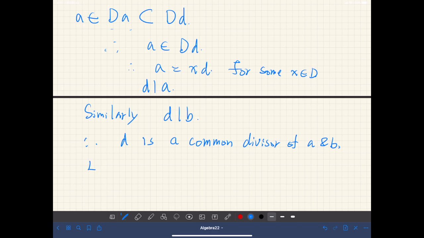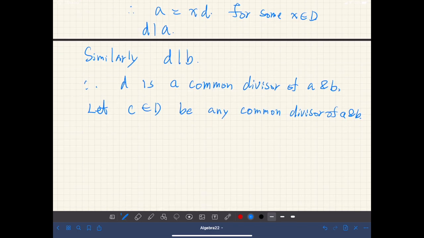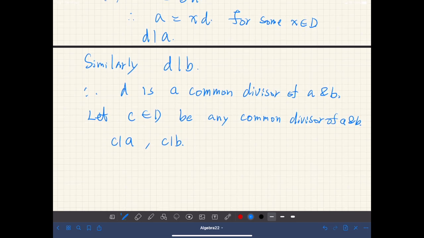So let c be any common divisor of a and b. This means c divides a and c divides b.